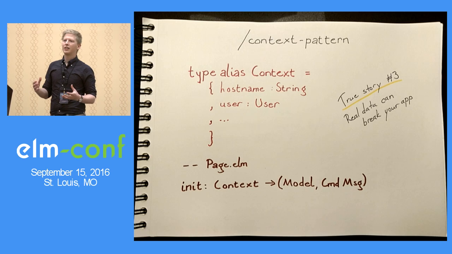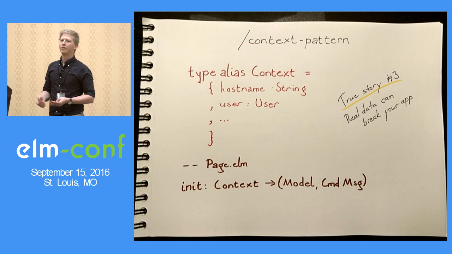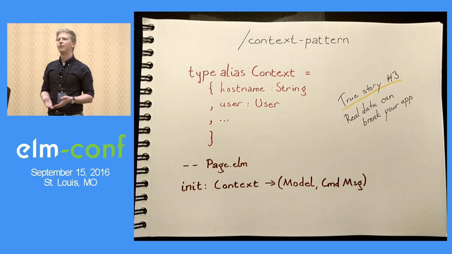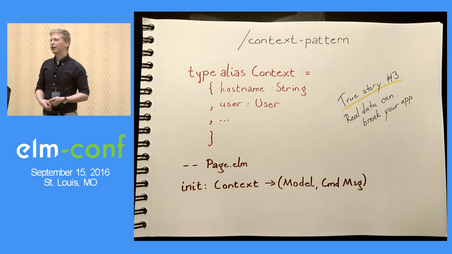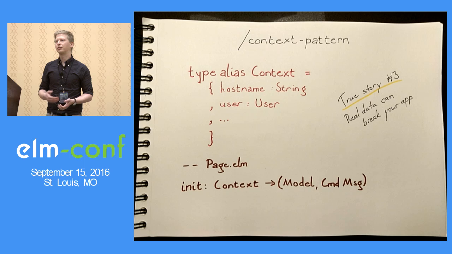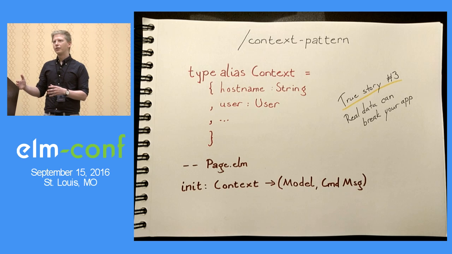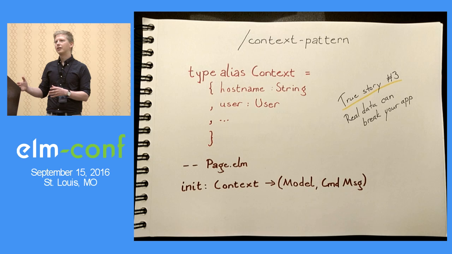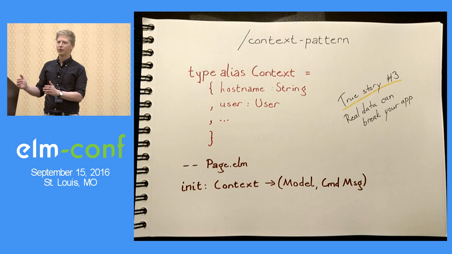You just have a single type alias, a record type for something that you want to pass as a context for given modules. So, for example, you can put host name and the current user in there to pass into whatever pages or modules you want to put that into.